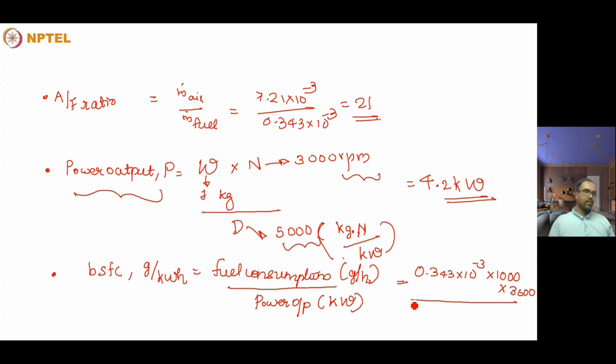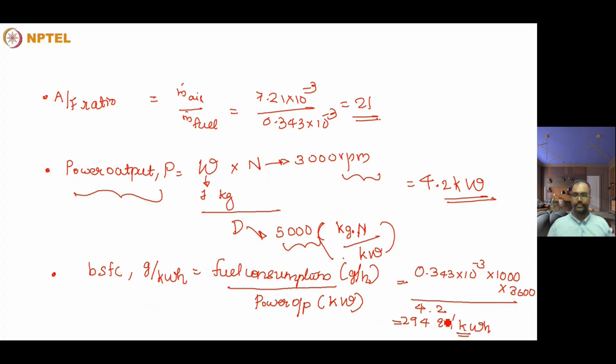And the power output in terms of kilowatt is 4.2. So the answer will be coming around 294 gram per kilowatt hour.